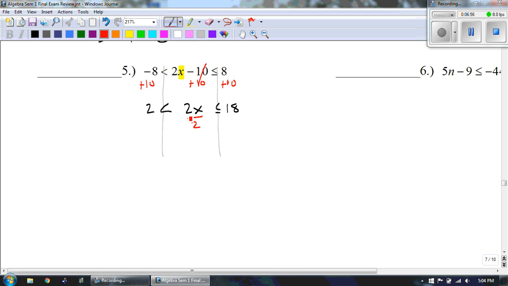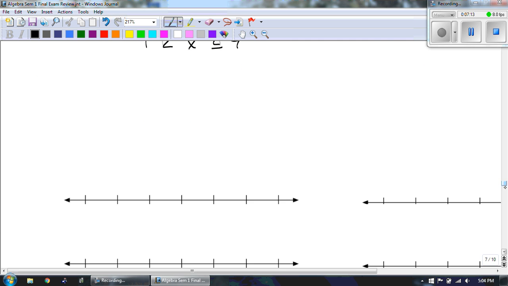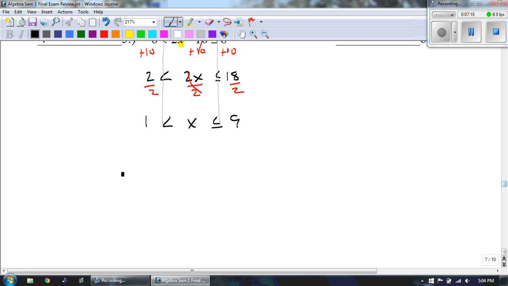And to get the x by itself, I divide, and this time I'm dividing by 2. So we get 1 is less than x, which is less than or equal to 9. That's what I'm going to write as my answer. And then I'm going to come down here on my graph.